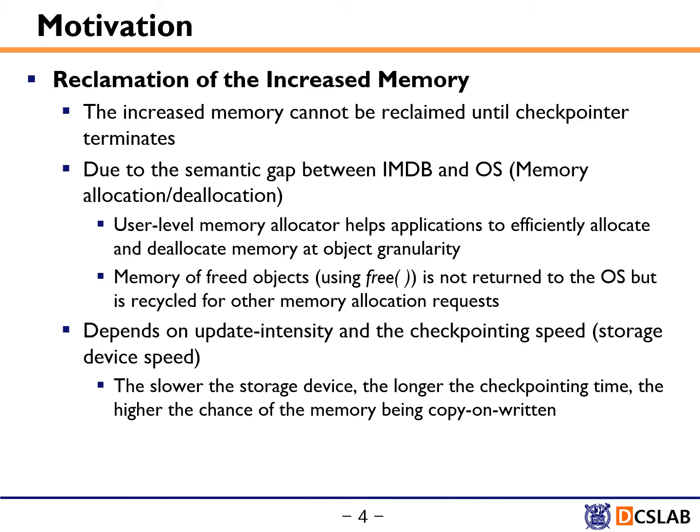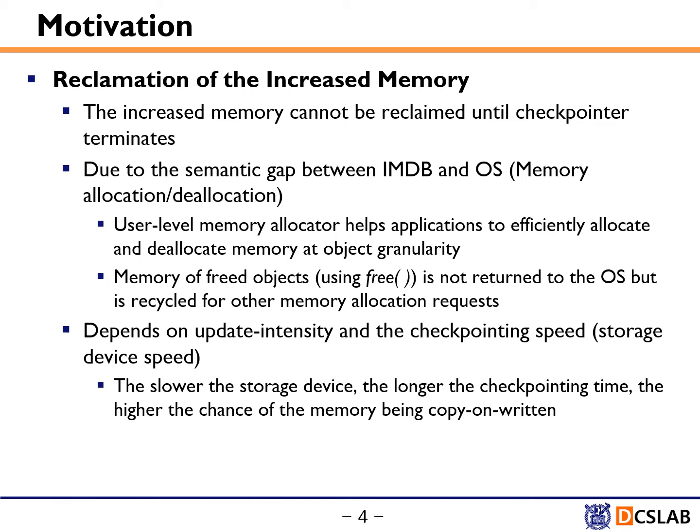But actually it is not, because of the semantic gap between the in-memory database and the operating system in the context of memory allocation and deallocation. This gap comes from the presence of user-level memory allocators such as the GNU libc allocator and jemalloc. They help applications to efficiently allocate and deallocate memory at object granularity while minimizing the OS's involvement.